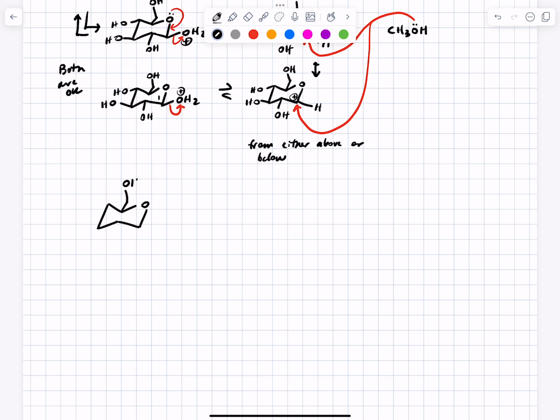So here is the first. And then here is the second. We'll just go ahead and make this the beta anomer just for fun.